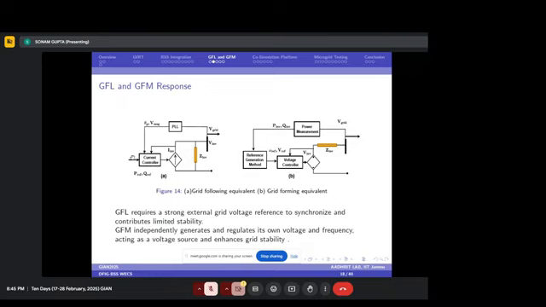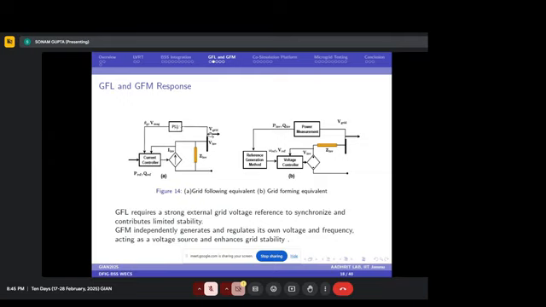And if we look at this diagram, the input to the grid following is the reference active and reactive power, and the voltage and synchronization come from the PLL, and the input to the PLL is the reference grid voltage.